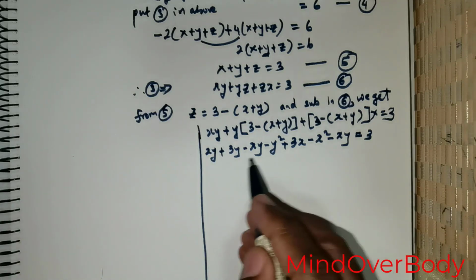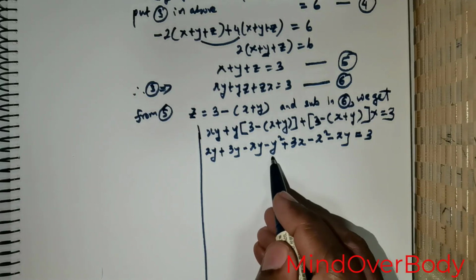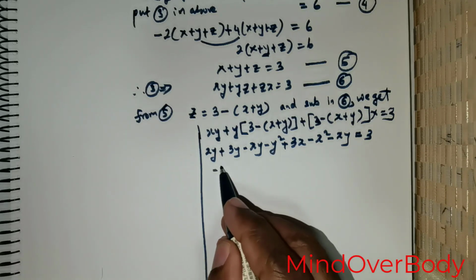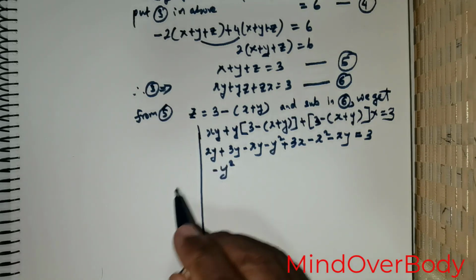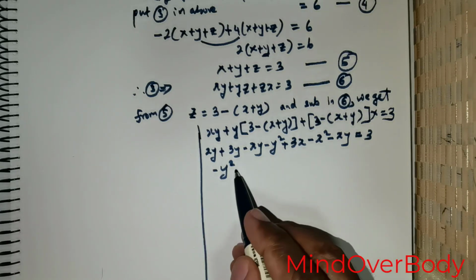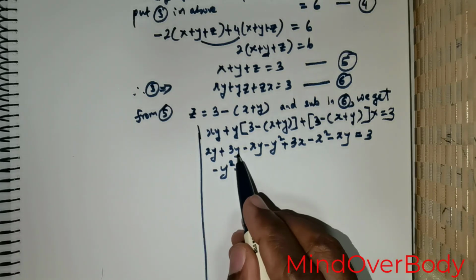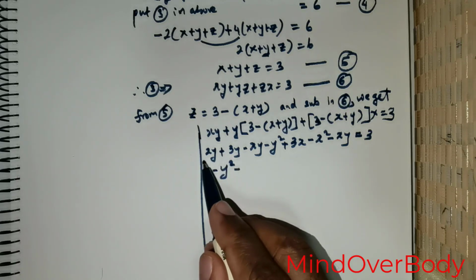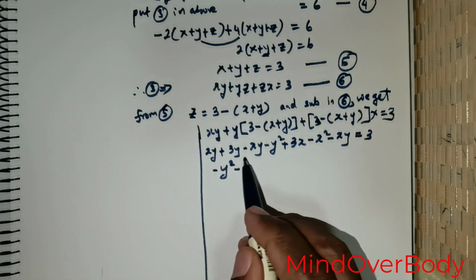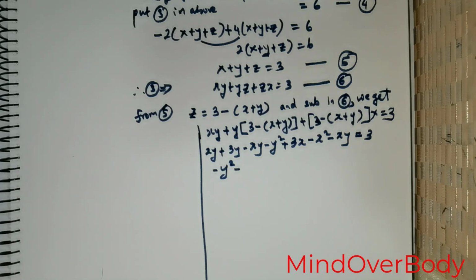Now I wish to convert this as a quadratic equation in y. So I'm going to take this term y squared and I'm going to collect all the y terms. So I get a y term here, and I get a y term here, and is there any other y terms? So I have to look for all the y terms that I can look for.